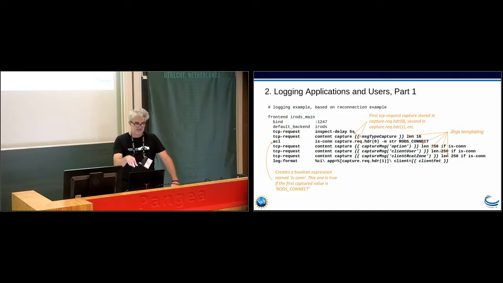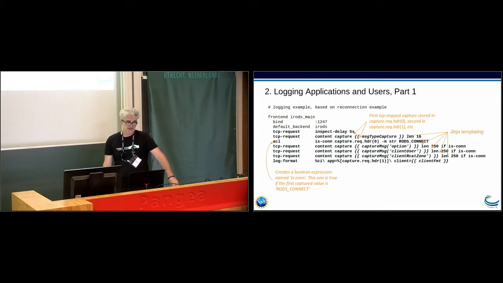This means inspect the TCP packet, capture based on what's in the Jinja templating, and store it in a capture request header variable. If you have multiple captures, the first gets index 0, the second gets index 1, the third gets index 2, and so on, and then you can reuse those further down in your expressions.